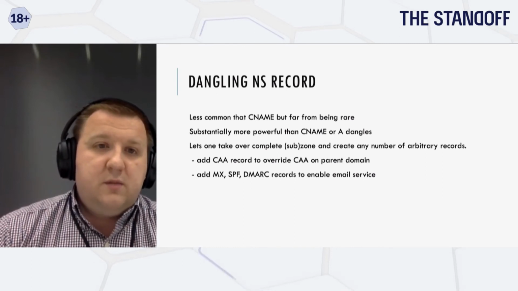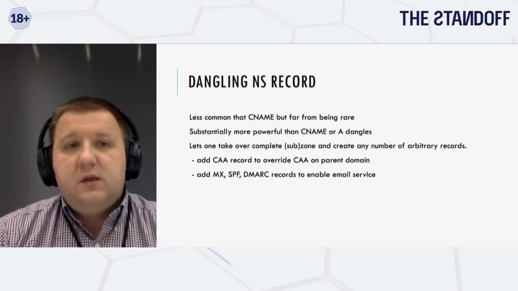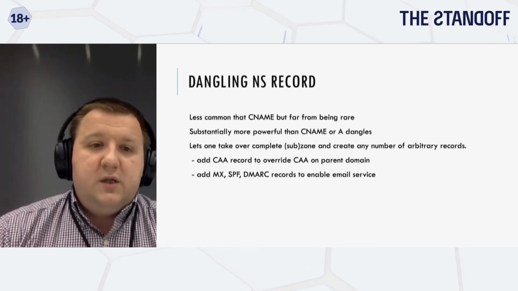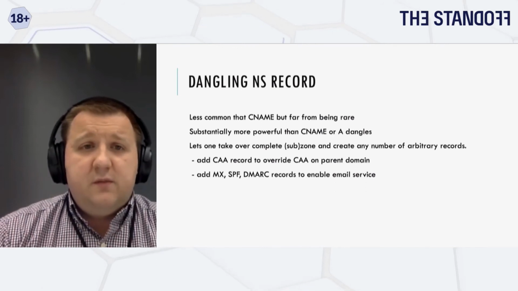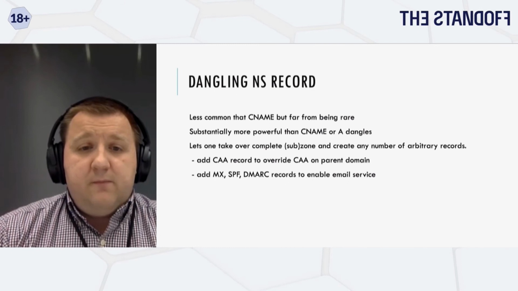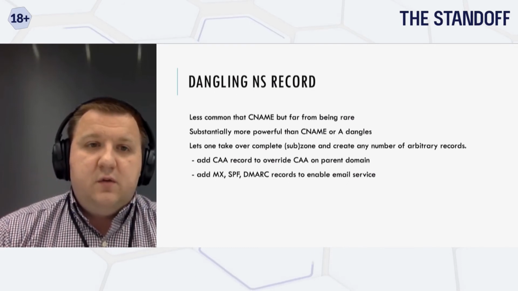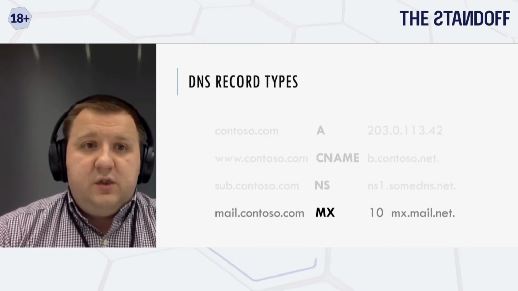For example, you can take over a dangling DNS record, then you can add CAA records, or you can set up an email service there. A CAA record, for example, will enable you to publish certificates on the parent domain.